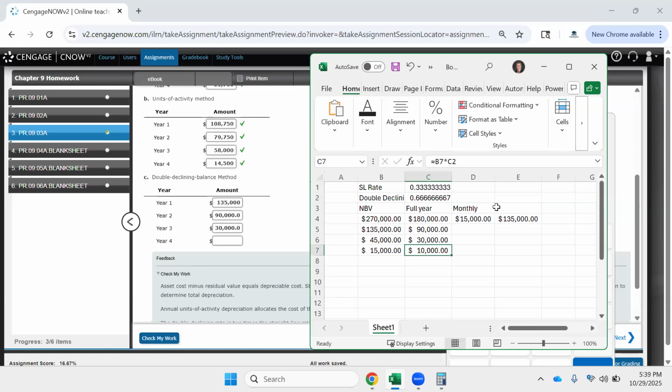However, that would make our net book value less than our salvage value, and we can't have that. So we stop depreciating as soon as we hit our salvage value, which means that we're only going to have 6,000 in depreciation in the final year to reach our salvage value of $9,000.